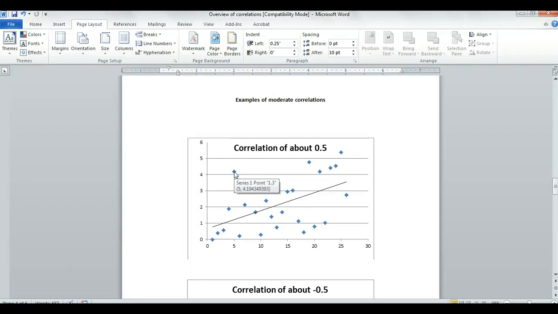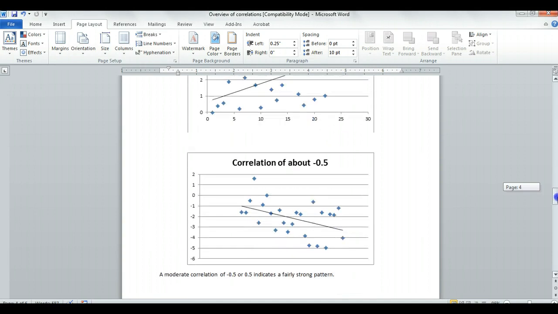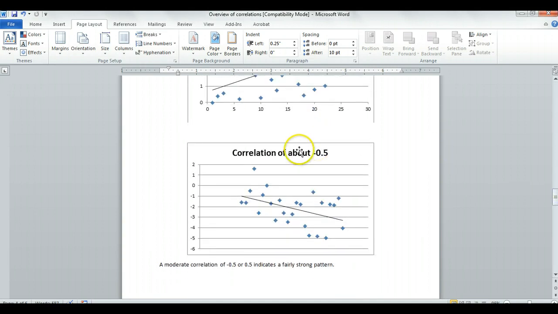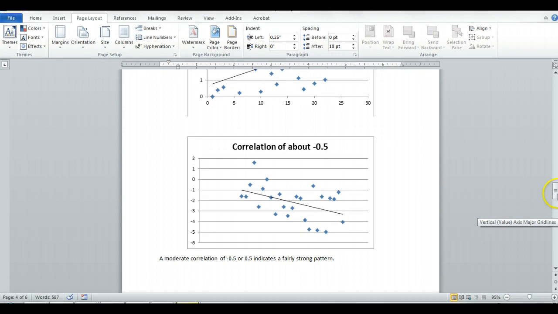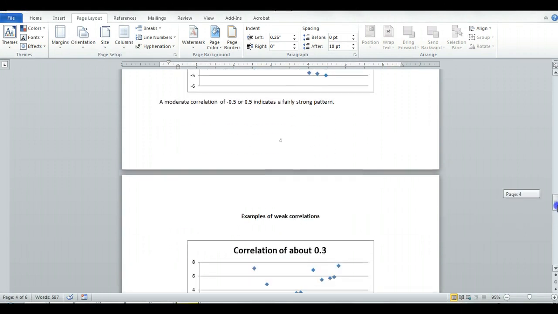So again, there's a pattern, but there are some exceptions. A correlation of about -0.5 would be the line sloping in the opposite direction, a negative slope going down and to the right. Again, there's a pattern where people who are low on x would be high on y, and vice versa. If you're high on x, you're low on y, but there would be some exceptions. Still a fairly strong pattern.